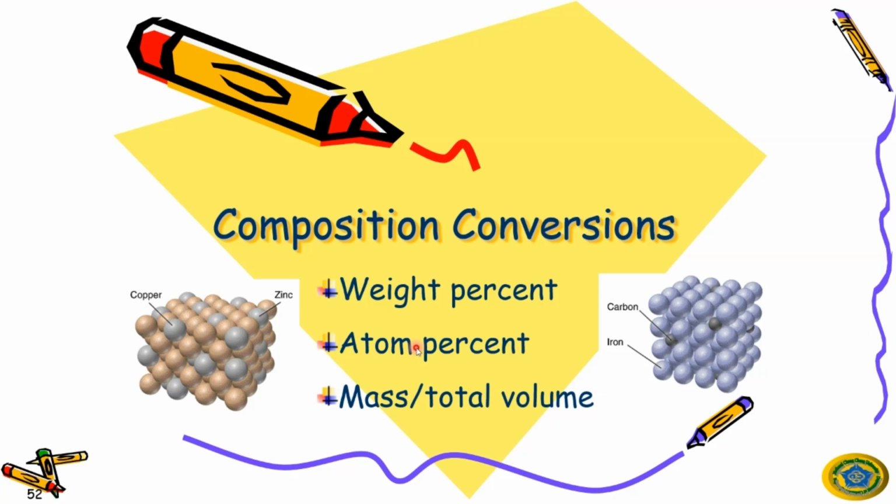Another composition measure is mass per total volume. It has the dimension of density, right? But here it is not exactly the real dimension of density, because what you calculate is only the mass of the solute divided by total volume.